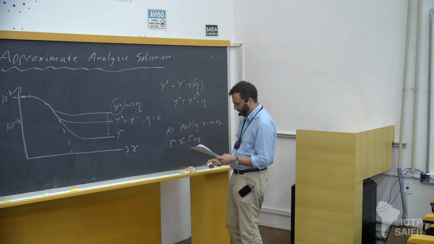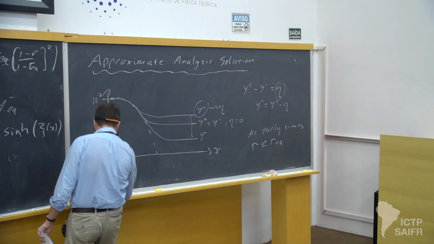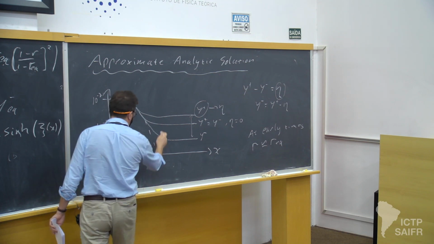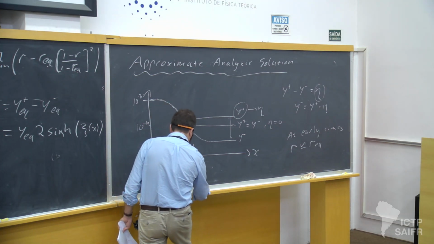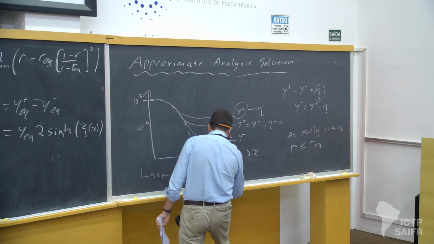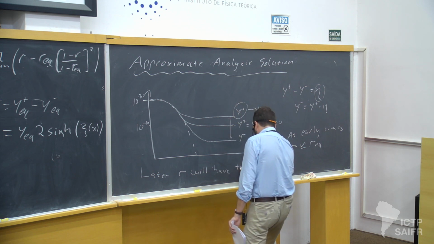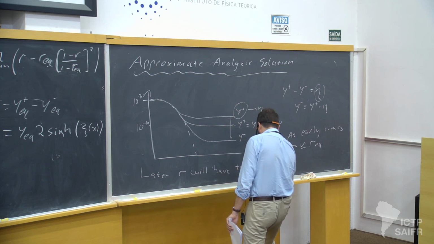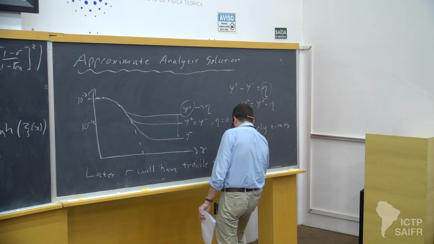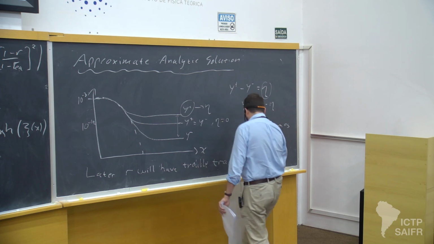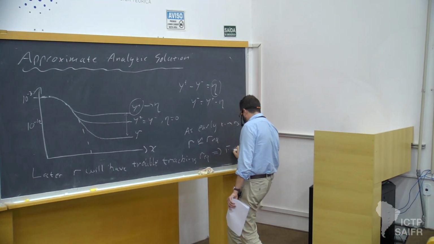And later, after this freeze out, R will have trouble tracking our equilibrium, and this will be our freeze out.